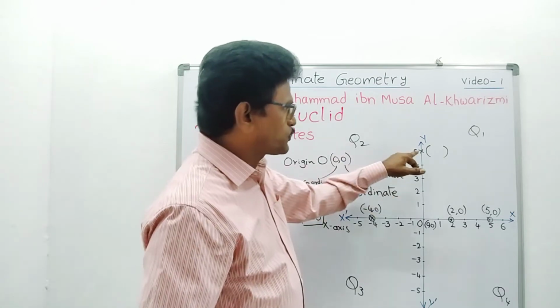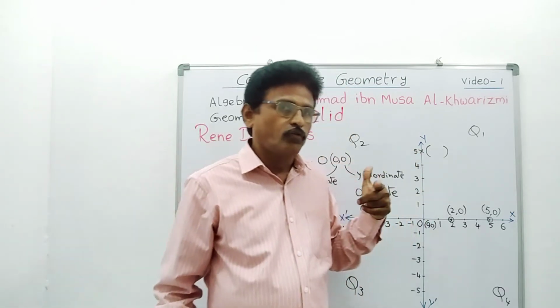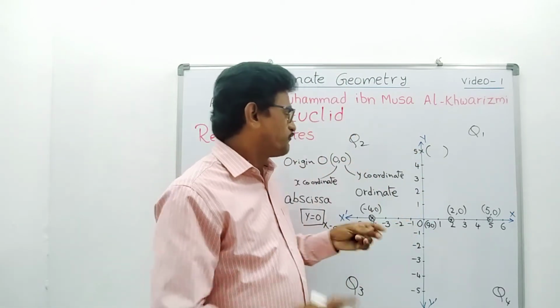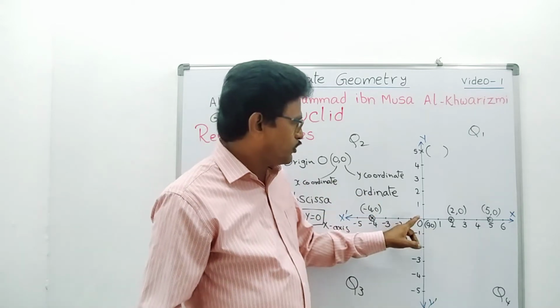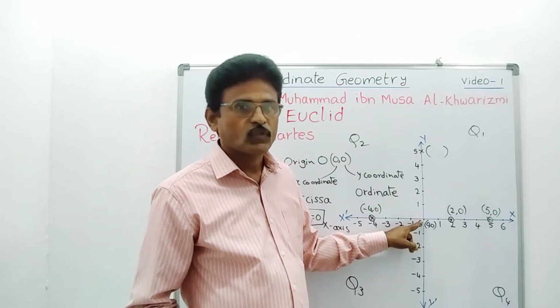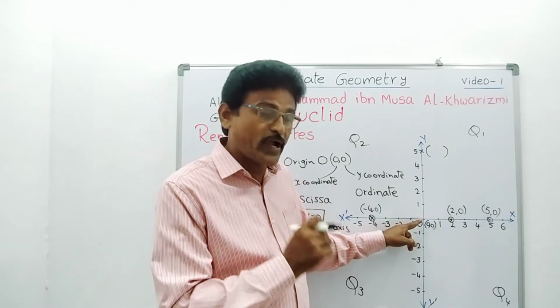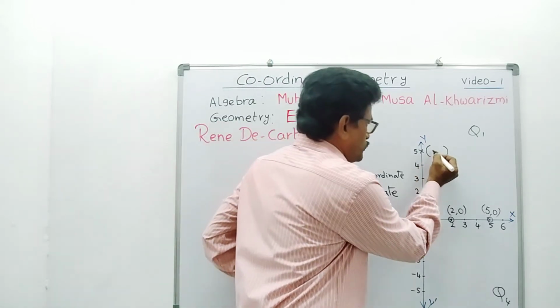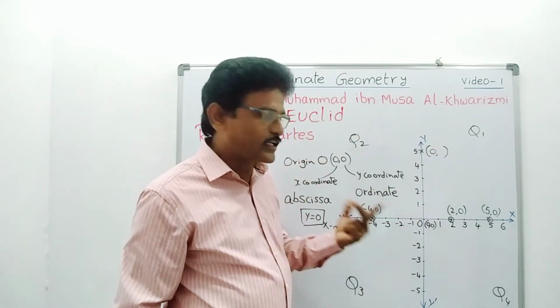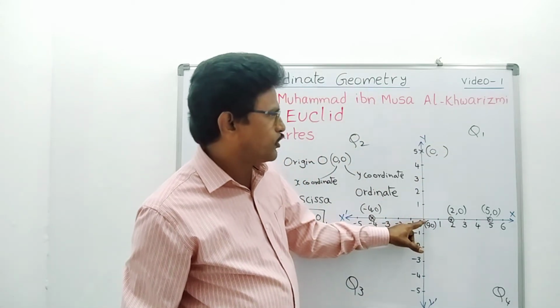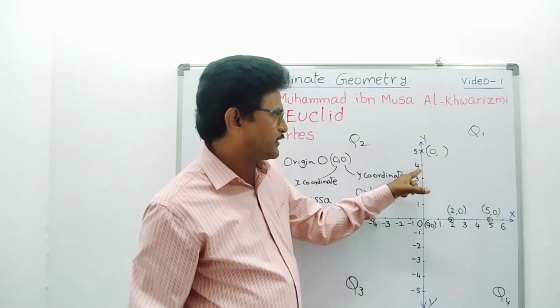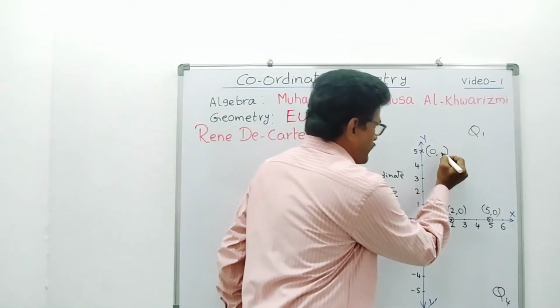To reach this point, from where do we have to start? First on the x-axis. So you are staying here only. You are not going right side or left side. That's why the x value is 0. Now what is the y value? From here you have to go 5 steps upward. So that is 5.